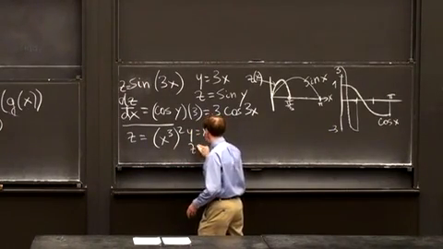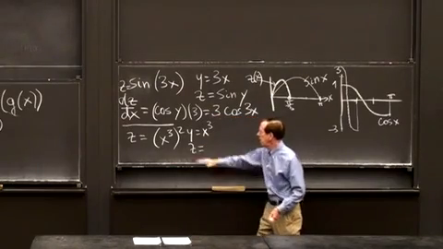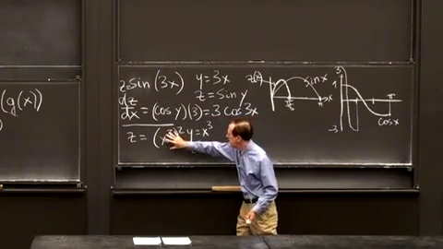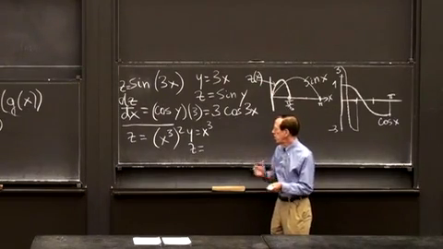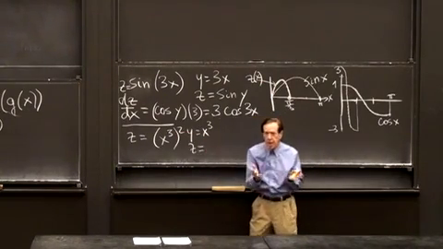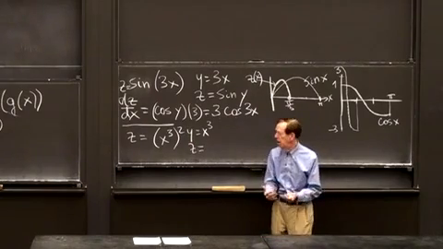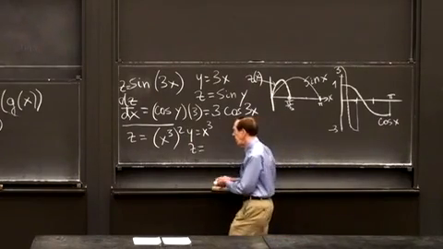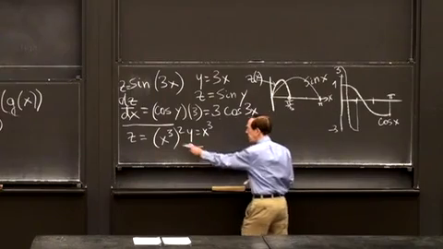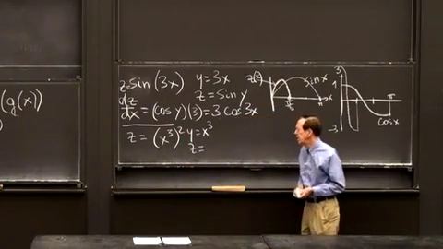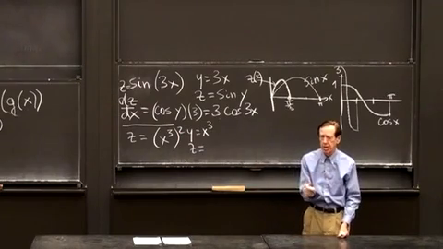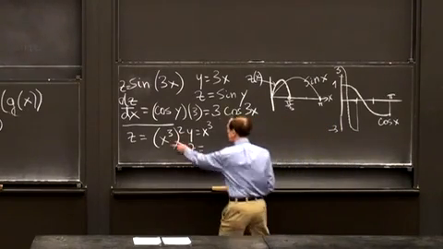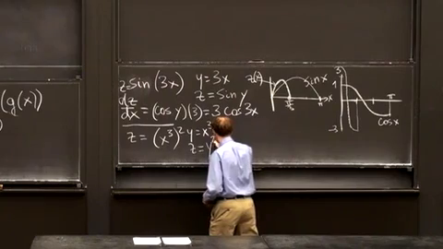And z is x cubed squared. So x cubed is the inside function. What's the outside function? It's a function of y. It's going to be the squaring function. That's what we do outside. I'm not going to write x squared, it's y squared that gets squared.